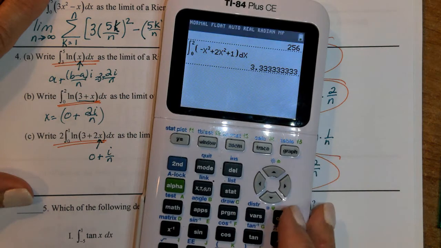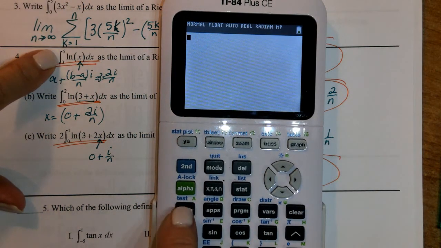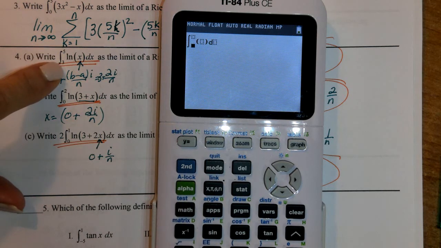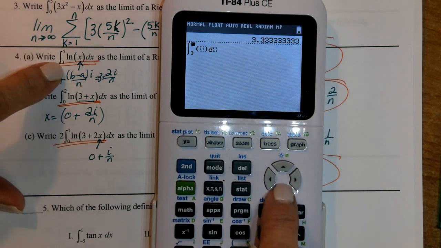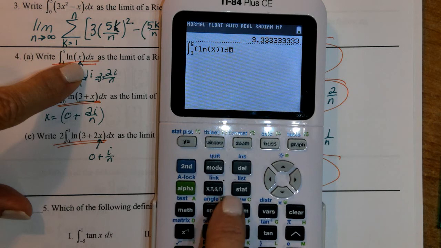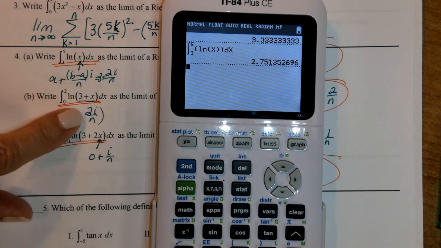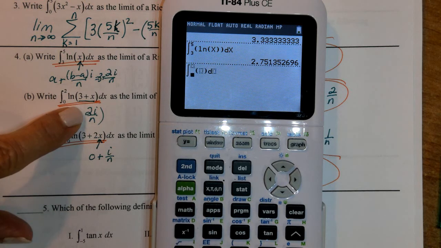Let's think about this. If we take the integral, 3 to 5, of natural log x, I get that decimal. Let's go and do this one. 0 to 2, natural log 3 plus x.